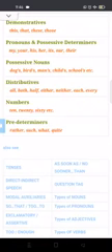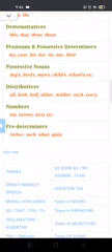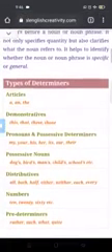Now predeterminers. Students, there are three types of predeterminer: classification, fraction, intensifier. Examples of intensifiers are rather, such, what, quite.